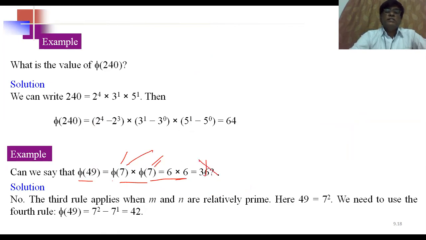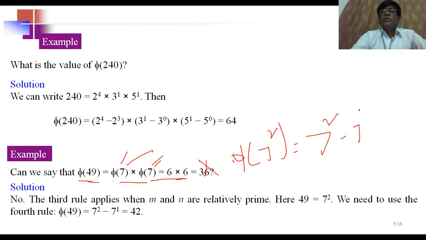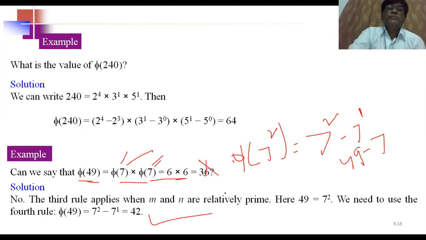But this answer is wrong, because phi of 49 can be written as phi of 7 square. Its value is 7 square minus 7 power 2 minus 1, that is 49 minus 7. So its value is 42, not 36. This is the correct answer.